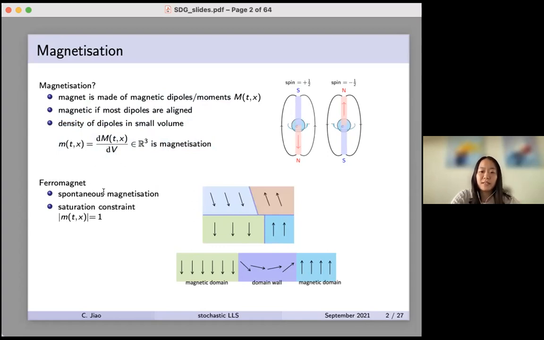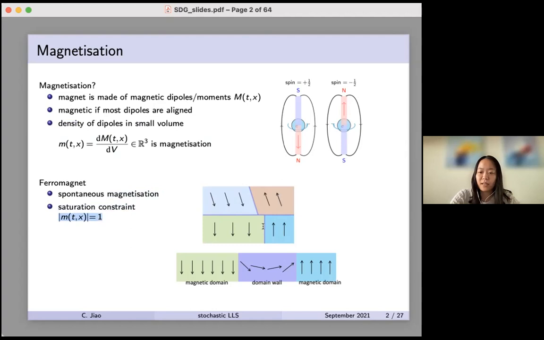In ferromagnets, magnetization occurs spontaneously, and we will follow the saturation constraint to scale the length of the magnetization vectors to 1. So in a ferromagnet, what we see is that these unit magnetization vectors will point in the same direction in each magnetic domain, but they will have a non-uniform overall distribution across the entire ferromagnet to account for the net magnetic field.